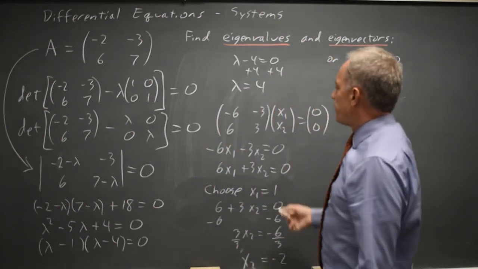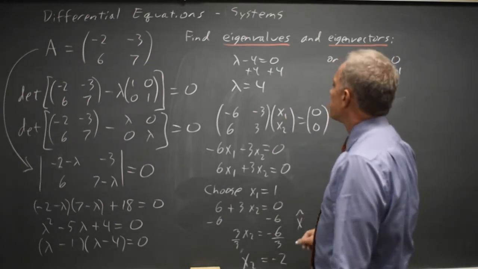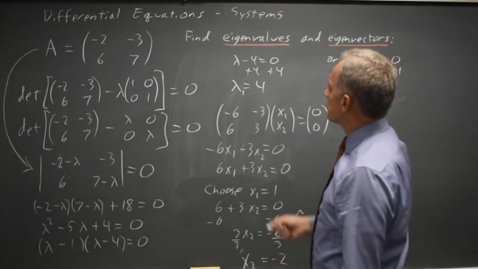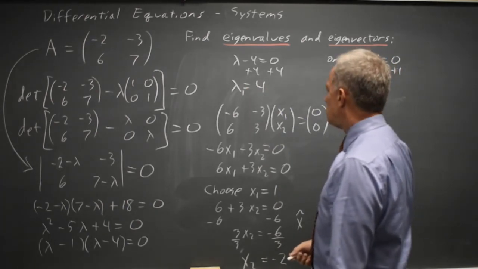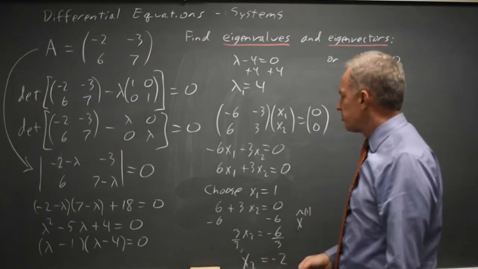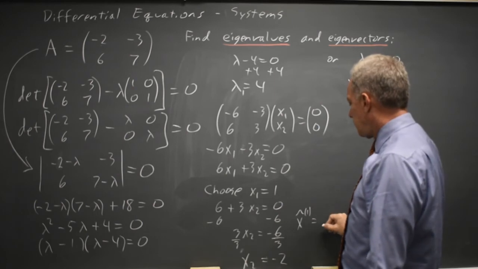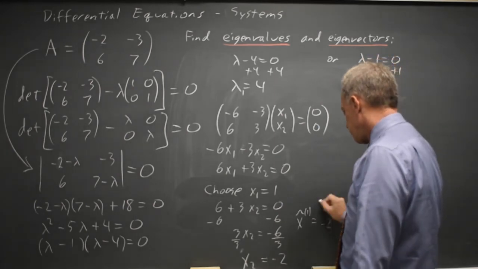So for eigenvalue 4, my eigenvector, and I'm going to give this a superscript of 1. I won't give the vector a subscript because the subscripts tend to be components. Equals the vector 1, -2.